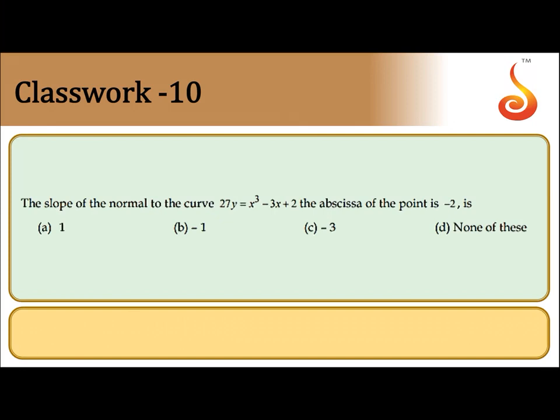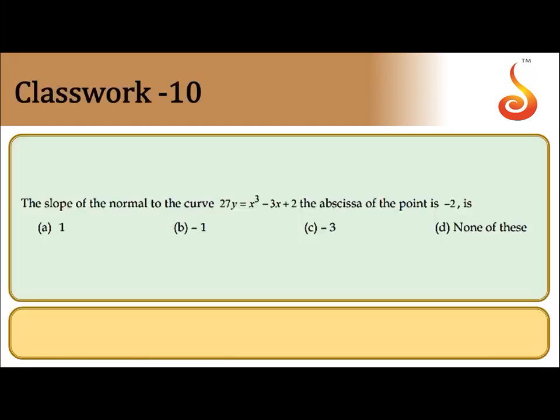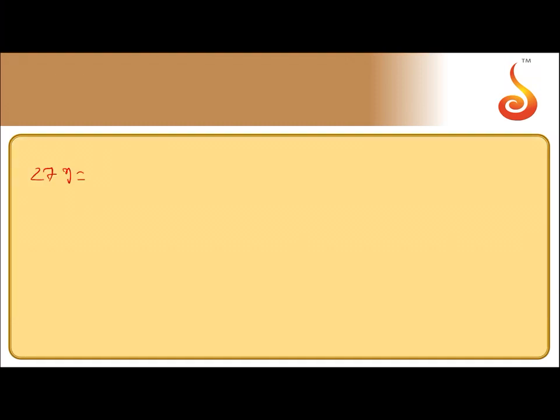Next, find the slope of the normal to the curve where the abscissa of the point is minus 2. You need to calculate the slope at the point where x is equal to minus 2. The curve is 27 times y is equal to x cube minus 3x plus 2.